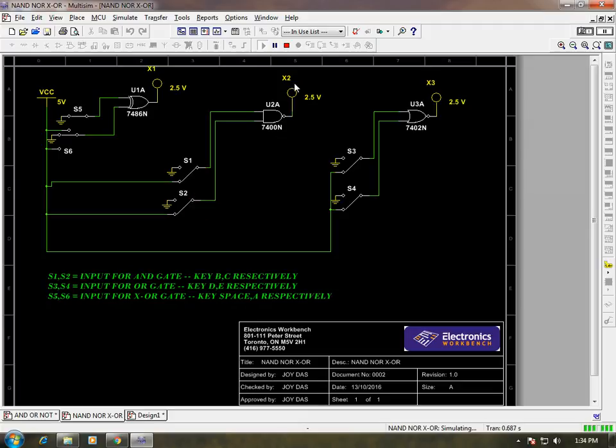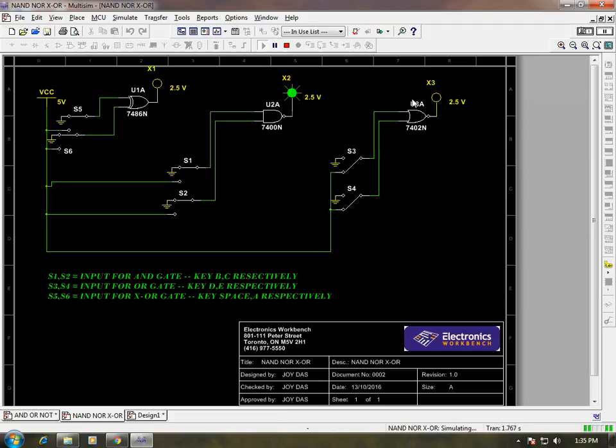That means for a NAND gate we will get a low output only when both inputs are high. As you can see here, both inputs are high, connected to VCC, and the output is low. If I connect any of the switches, that means pressing B or C, the output goes high. If both are low, then also the output is high.